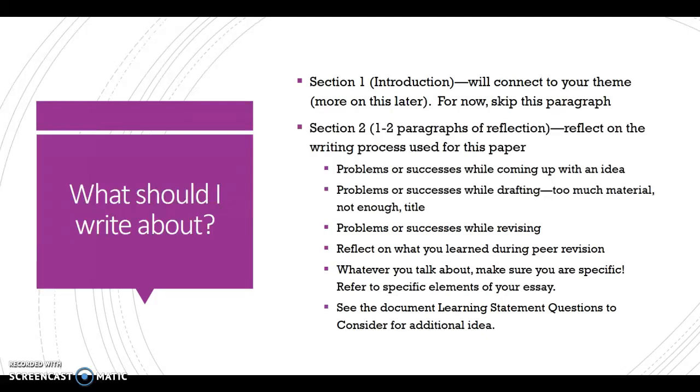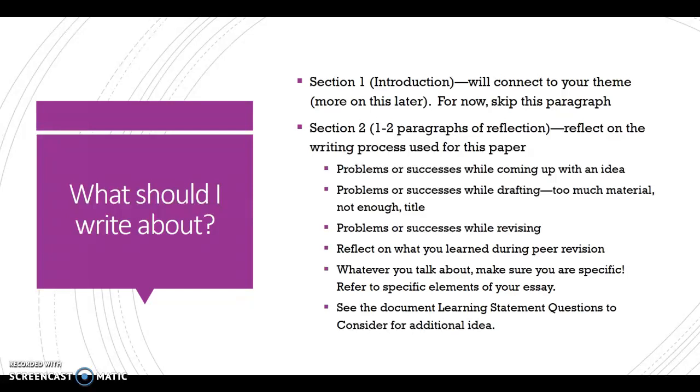So we'll start then with section 2, and I usually recommend 1 to 2 paragraphs for section 2 as just a quick reflection. You will reflect on the writing process that was used for this paper. The bullets there will give you some ideas as to what you might be considering in terms of reflection.